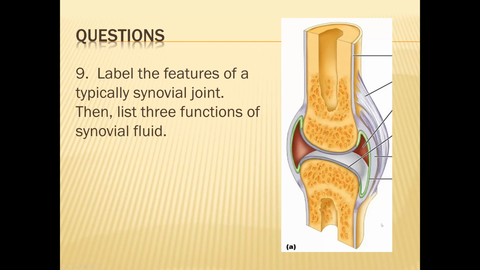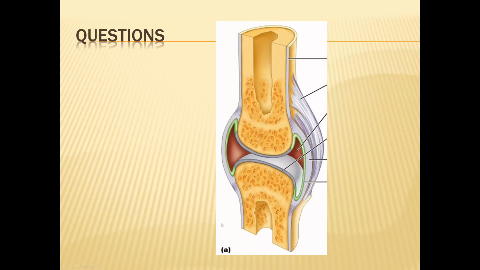Number 9, label the features of a typical synovial joint, then list 3 functions of synovial fluid. All right, so to label the picture first, we have the periosteum up here. This is that membrane that surrounds the bone. We're also showing some ligaments, which are bone-to-bone connections, and ligaments can often wrap around and stabilize joints, so they're accessory structures.